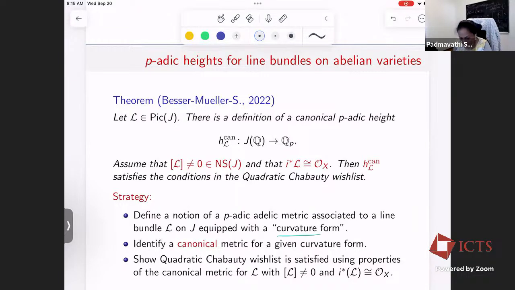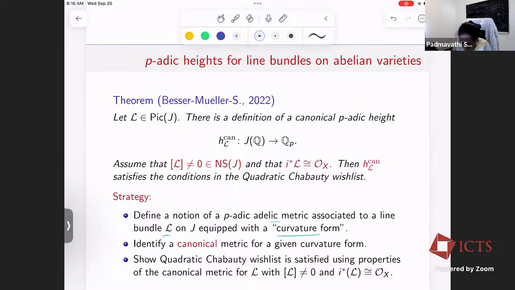I'll describe how to build an adelic metric from this direct geometric information associated with the line bundle, called the curvature form. It's a certain cohomology class that's associated to L. And once you have this adelic metric, you can build p-adic heights from p-adic adelic metrics.